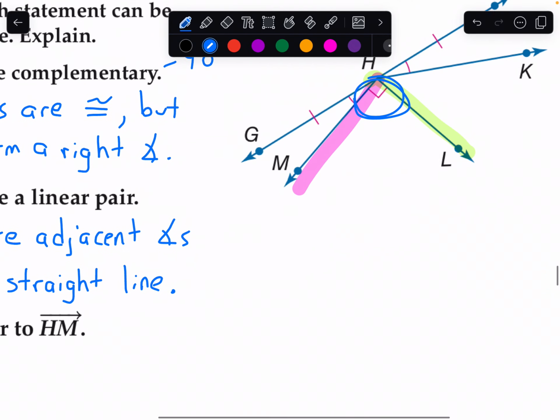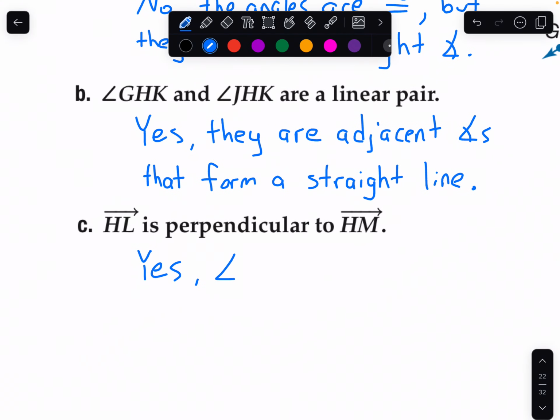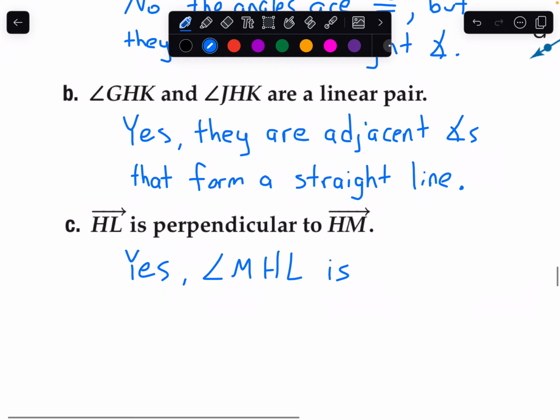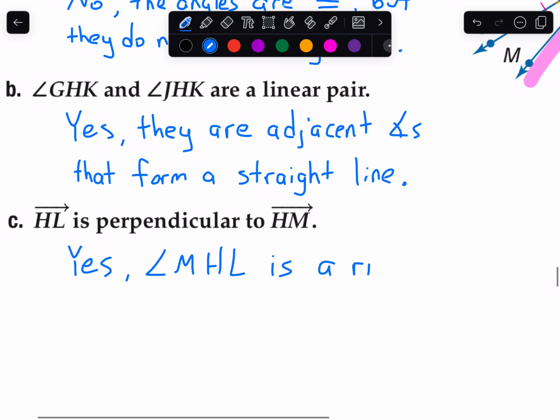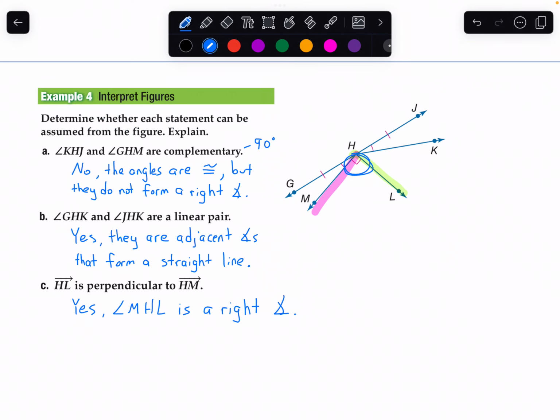Because what is that angle? MHL? Yes, angle MHL is a right angle. So we know they must be perpendicular. Good.